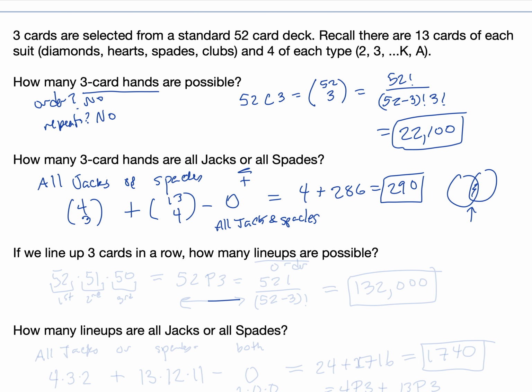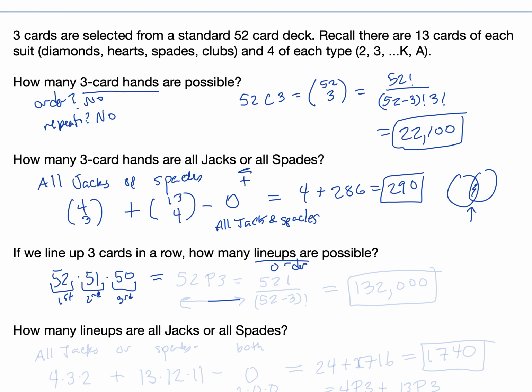What if we're lining up these 3 cards in a row? So lineups, we're talking now we have an order to the cards. So what's the first card? What's the second card? What's the third card? Now we're still going to use the multiplication principle here. There are 52 choices for the first card and 51 choices for the second, and now 50 for the third because we're not replacing and shuffling.